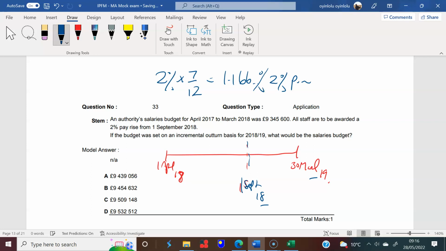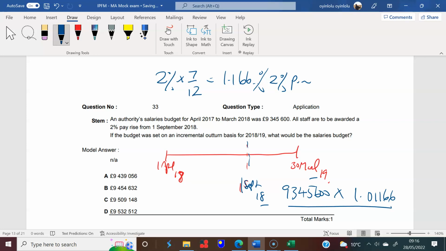That's the point. Let's do it. You now have 9,345,600, and we need to multiply this by 1.01166, or find 1.16% of it and add it on.